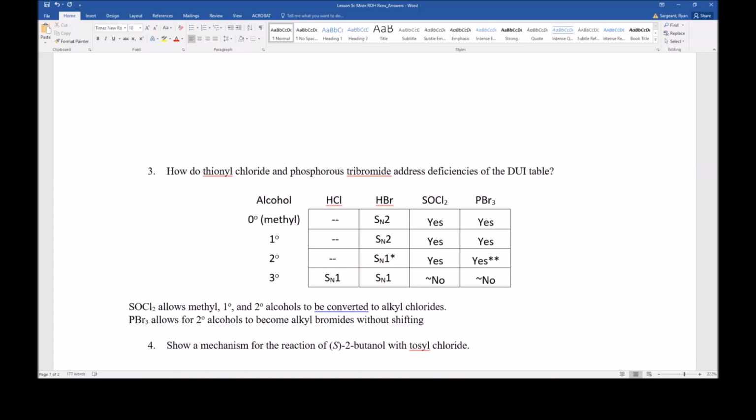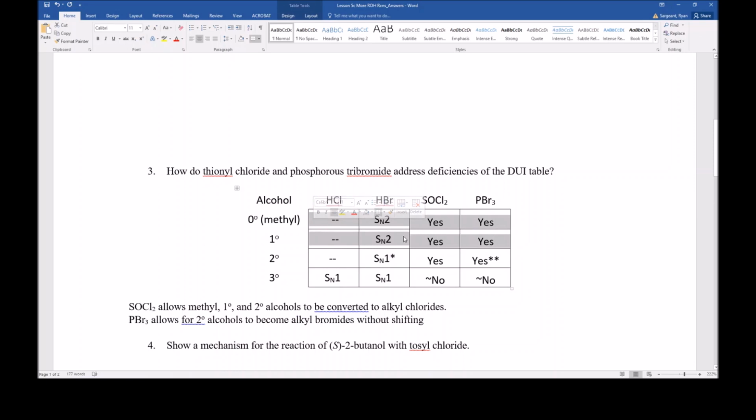PBr3 will also work for primary and methyl alcohols as well. And so if you don't like the HBr SN2 mechanism, you can show two SN2 mechanisms by showing the mechanism for PBr3 on methyl and primary alcohols. And on an exam, there really isn't a difference.